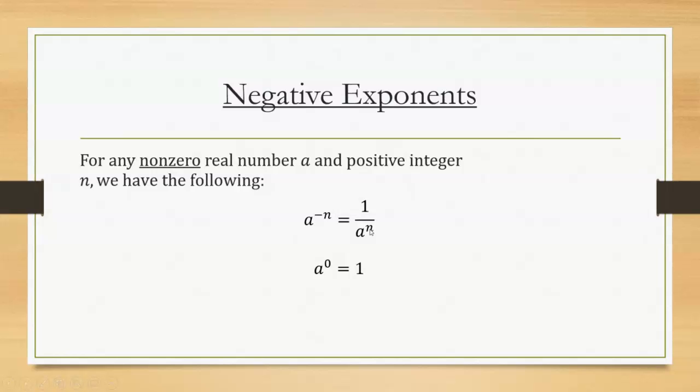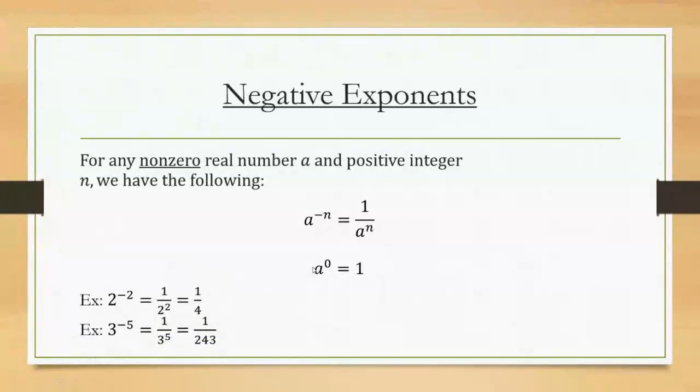And a to the n we have seen already because, again, the n is positive. So for a negative exponent, you do 1 over. And it turns out we'll actually see why later. I'll get to prove it for you guys. A to the 0 is actually equal to 1. Again, this is assuming a is not 0.